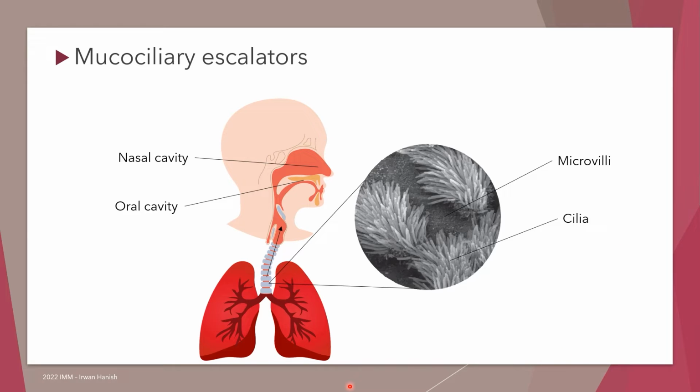The way they work is that when you have pathogens coming from your nasal cavity or oral cavity, the pathogens are going to stick onto these structures. Then the cilia will move in a synchronous way to escalate or push upward those pathogens. And they'll go all the way up to the nasal cavity, for example, where we can sneeze and our body can get rid of the pathogens. So that's clearly an active process for our first line of defense.